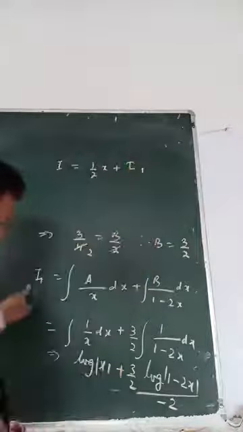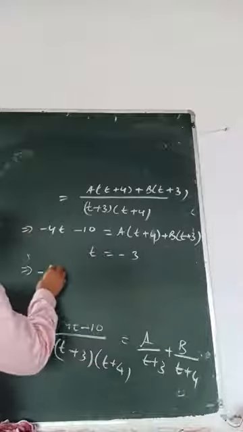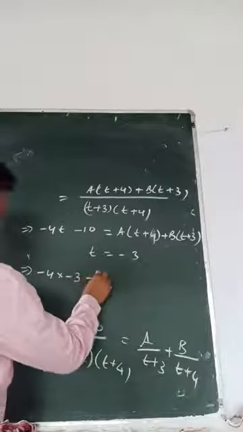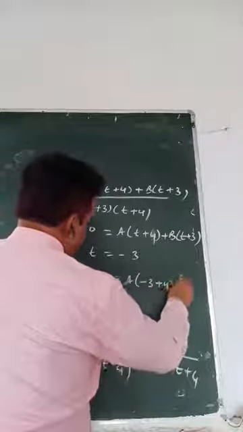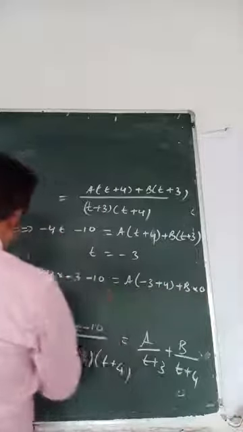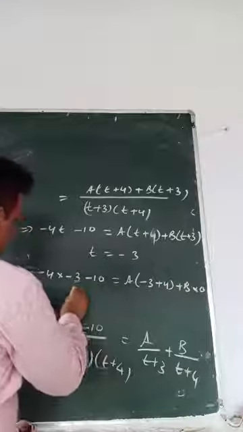Minus 4t minus 10 equals A into (t plus 4) plus B into (t plus 3). As usual, what shall I put? Put t plus 3 equal to 0, so t is minus 3. This implies minus 4 into minus 3 minus 10 equals A into (minus 3 plus 4) plus B into 0. This is 12, and 12 minus 10 is 2, so A is 2.